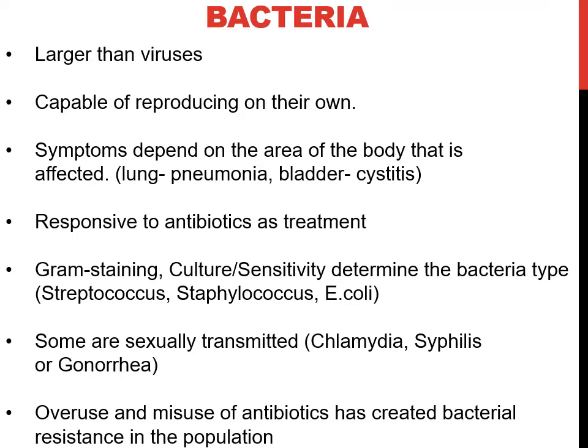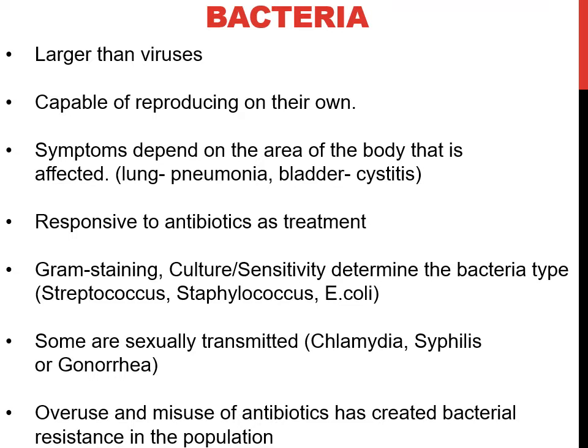If it's surrounding the layers of the brain, called the meninges, we'd call it meningitis. So it just depends on where the infection is. Bacteria are often responsive to certain antibiotics. Luckily, otherwise we wouldn't have many effective treatments for them.